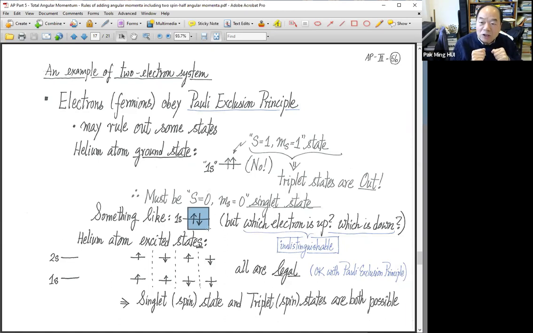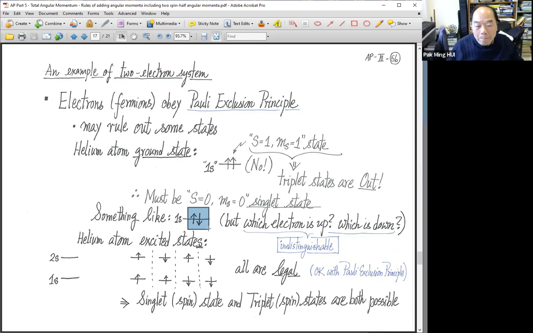This indistinguishability of electrons turns out to be a very important point in quantum mechanics. We will have more to say about that later, but here we already know the proper answer. If we want to write down the wave function, including the spin wave function, it should be a linear combination of 2 possibilities: electron number 1 up, electron number 2 down, minus electron number 1 down, electron number 2 spin up.